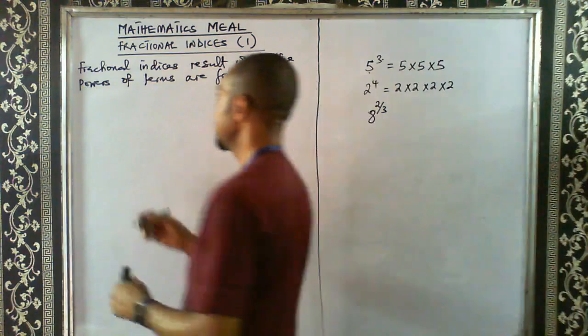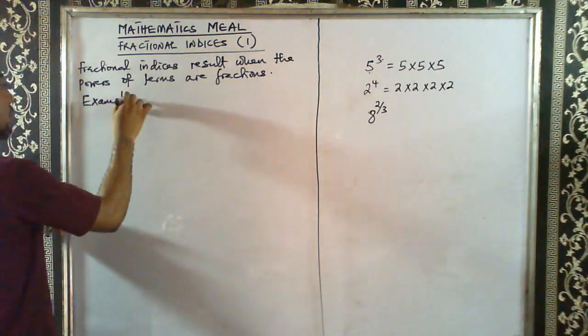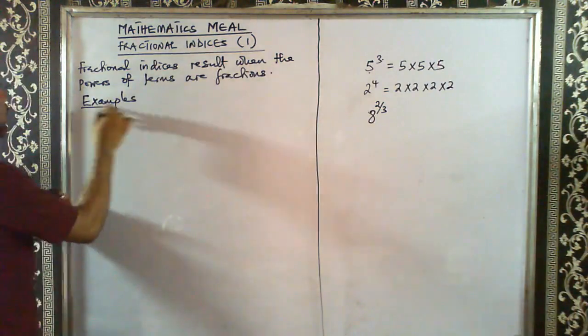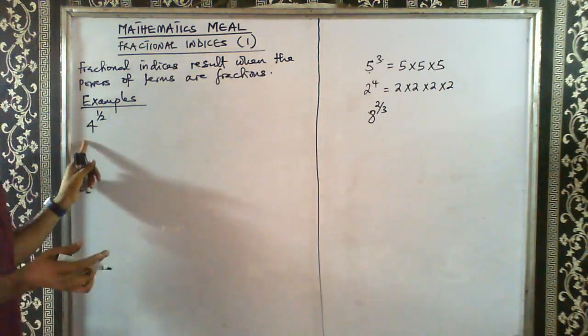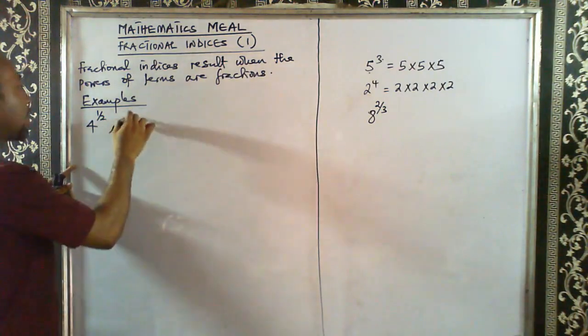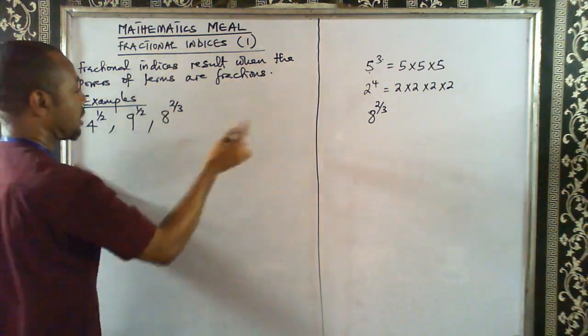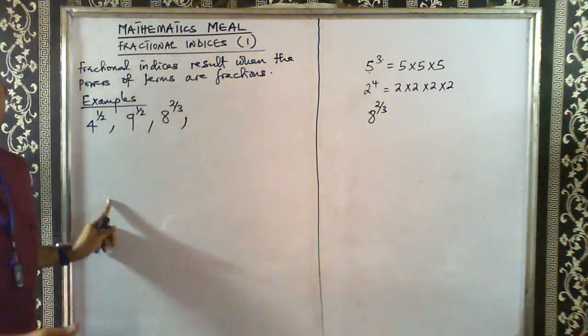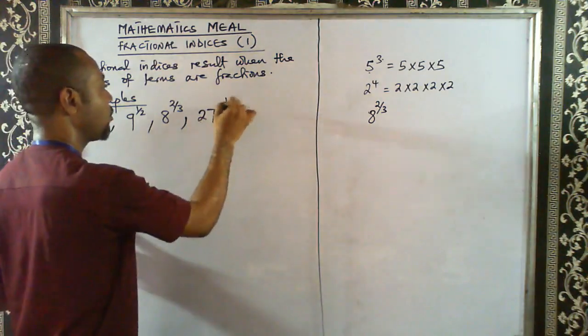So examples of such terms include 4 raised to the power 1 over 2. The power here is a fraction. Then another example, we can have 9 raised to the power 1 over 2. We can have 8 raised to the power 2 over 3 that I've used here. It's still possible that the power will be negative, so I can have 27 raised to the power minus 1 over 3.